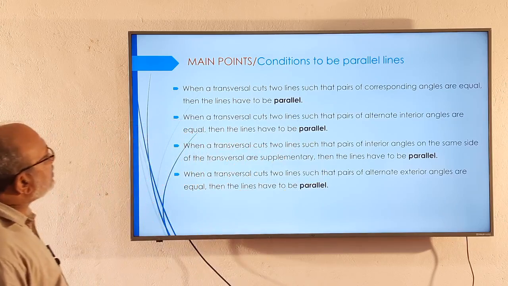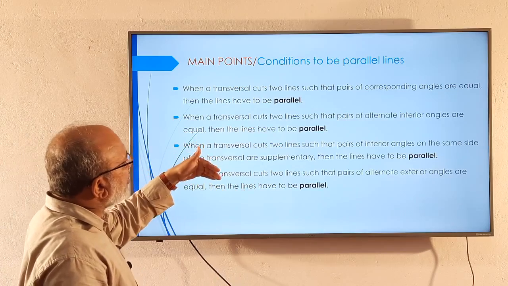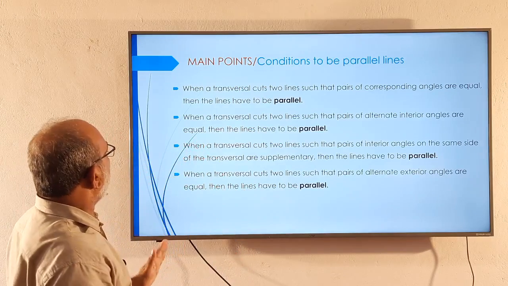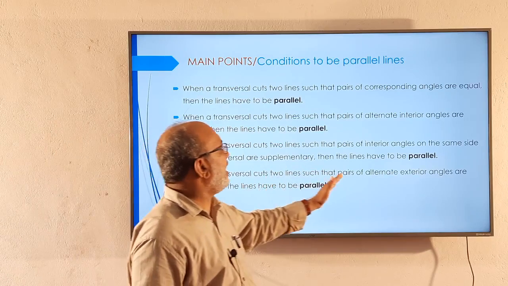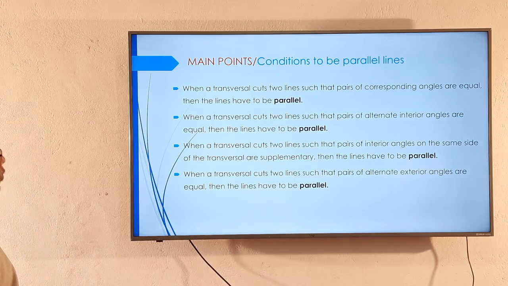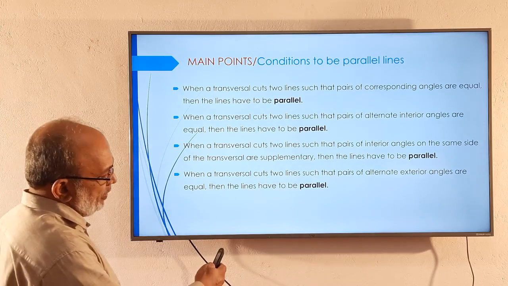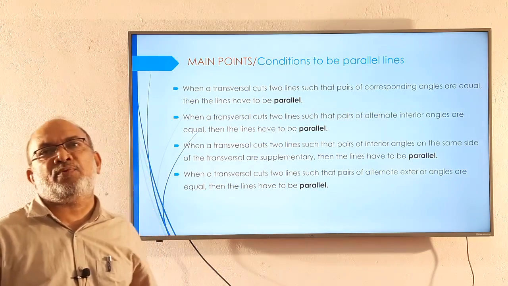When a transversal cuts two lines such that the pairs of interior angles on the same side of the transversal are supplementary, 180, then the lines have to be parallel. When the transversal cuts two lines such that the pairs of alternate exterior angles are equal, then the lines have to be parallel. These are the main points and concepts that we have learned from this lesson.